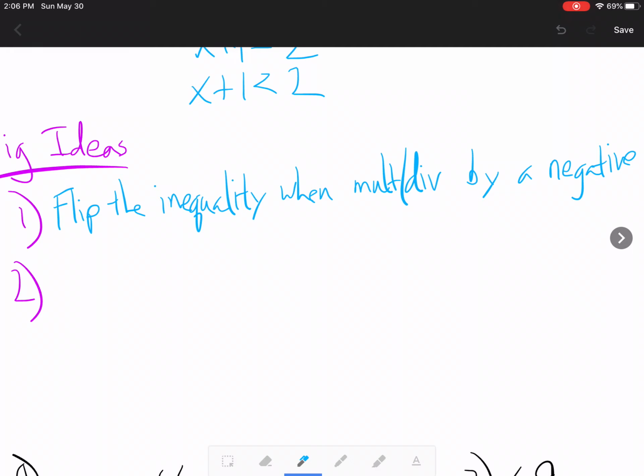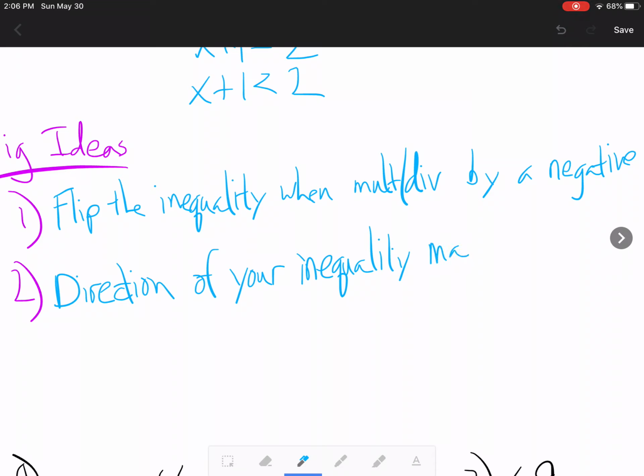Second one, and this one becomes a little more important at this point, is that the direction of your inequality matters. Here's what I mean by that.